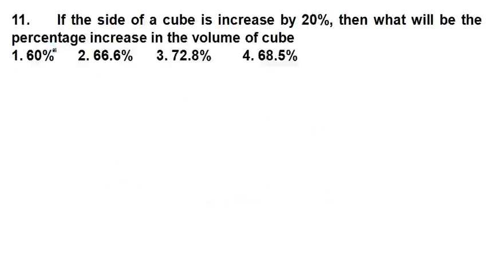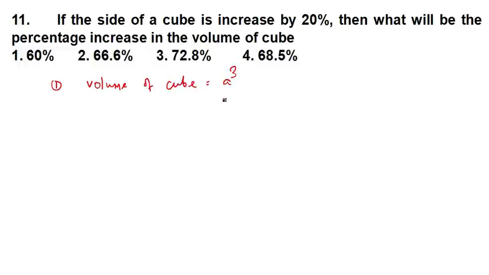If the side of a cube is increased by 20%, then what will be the percentage increase in the volume of the cube? Guys, you have to know these formulas. Here it is asking volume of cube. What will be the percentage increase in volume of cube? Now volume of cube means a cube.